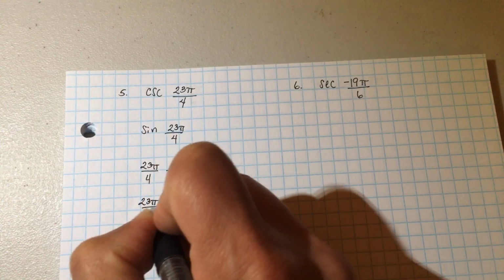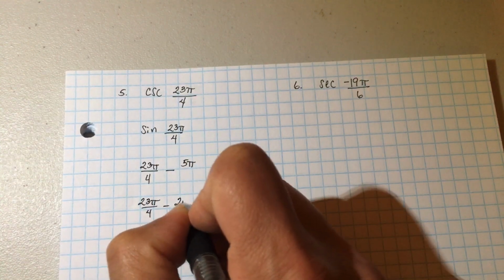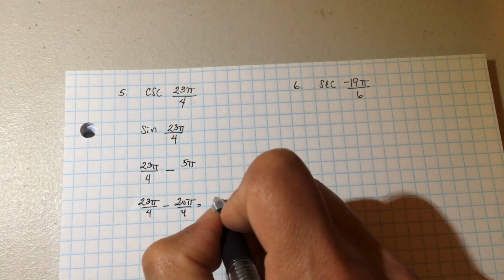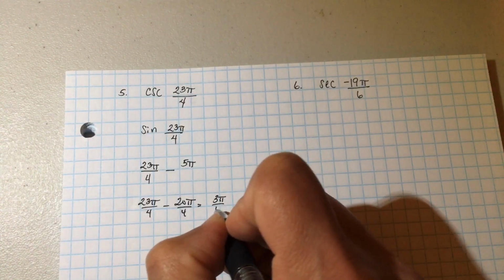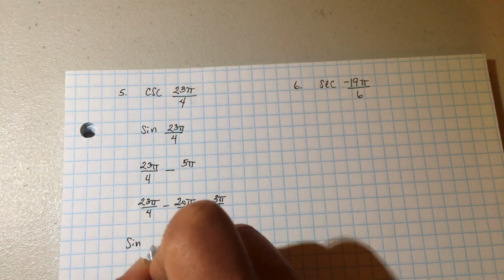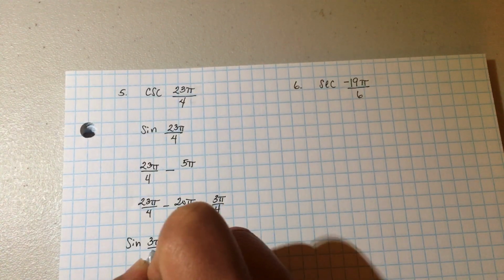So 23 pi over 4 minus 20 pi over 4. Well, 23 minus 20 is 3 pi over 4. So now I'm going to find sine of 3 pi over 4.